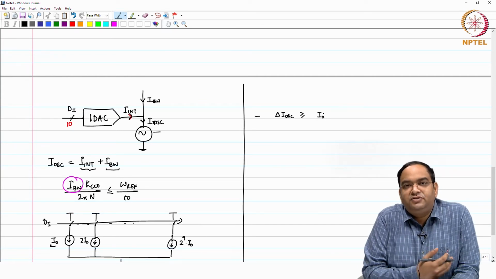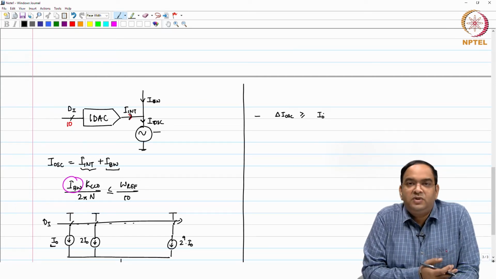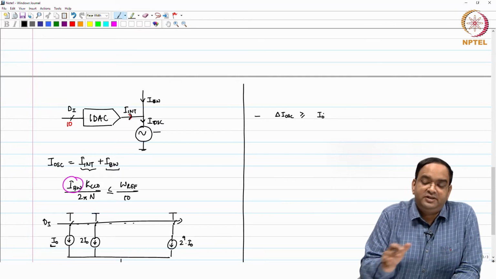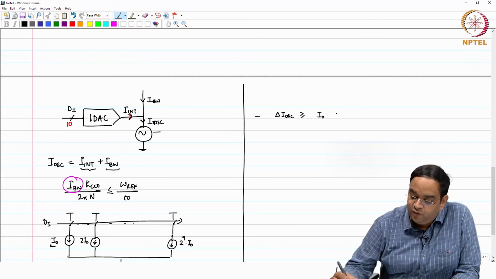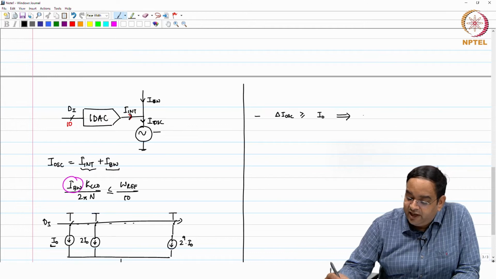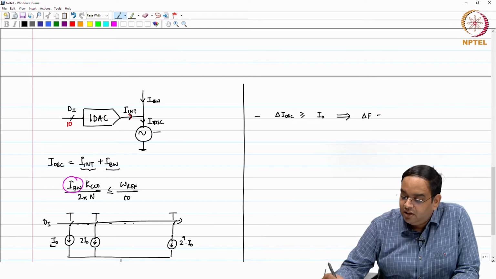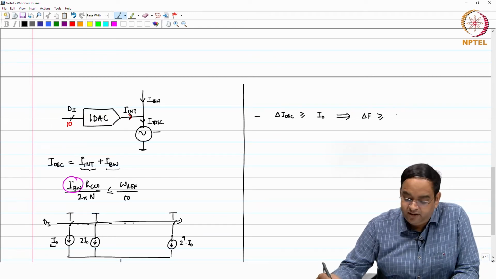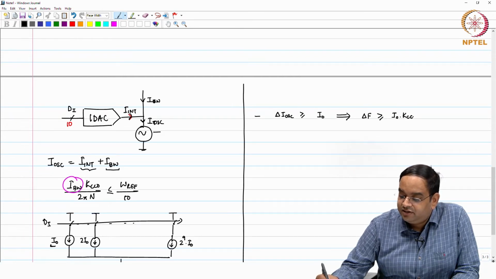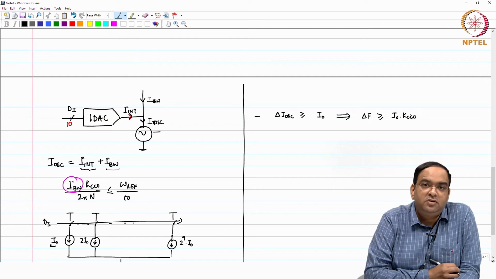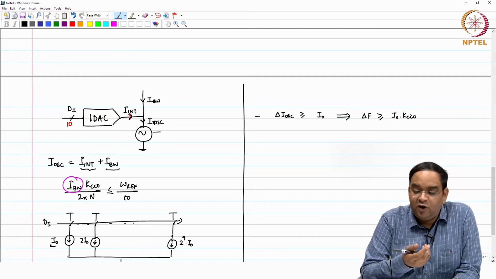So, you can say either 0 or I naught or minus I naught to plus I naught, that is the minimum, it is going to be greater than that, which implies that delta f of the oscillator frequency is going to be most of the time greater than your I naught times k CCO. This is the change in the output frequency.